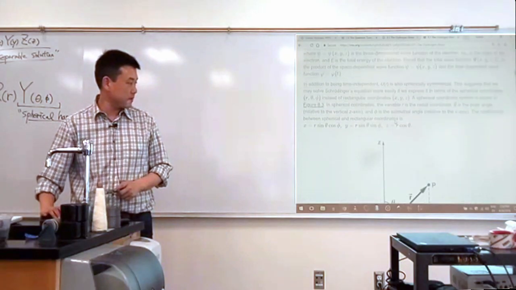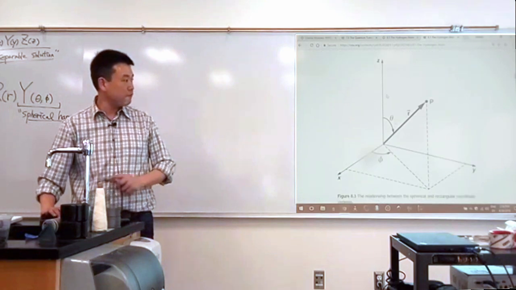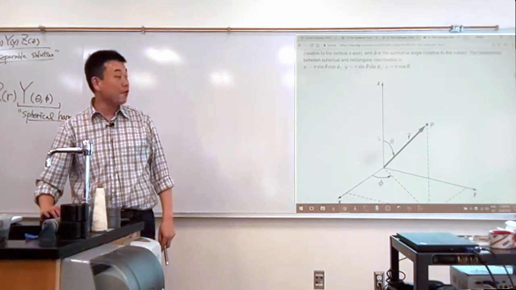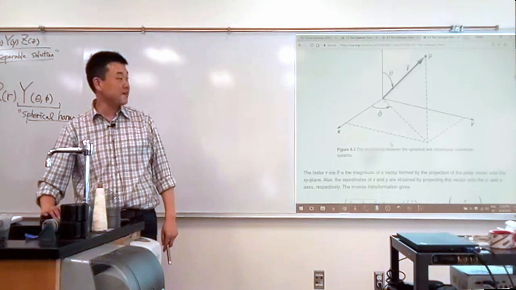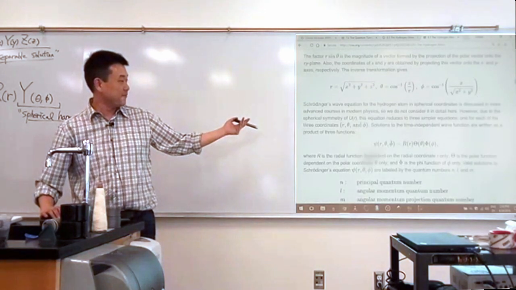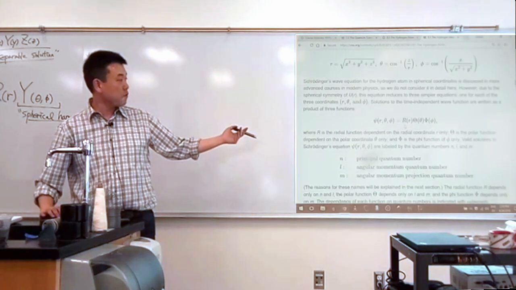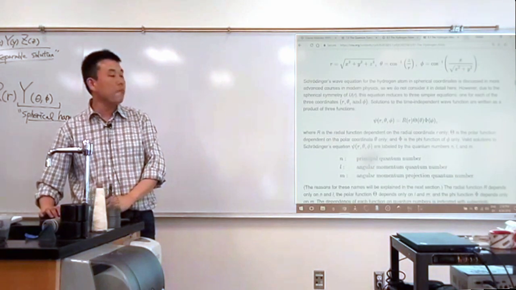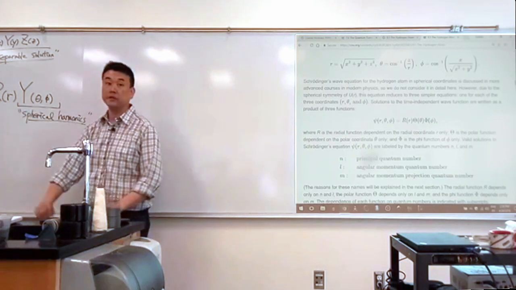Read through this description; this is our convention, and as long as you're in a physics class, you follow the physics convention. And where they're separating this as theta and phi, I'm just combining that as a spherical harmonic.